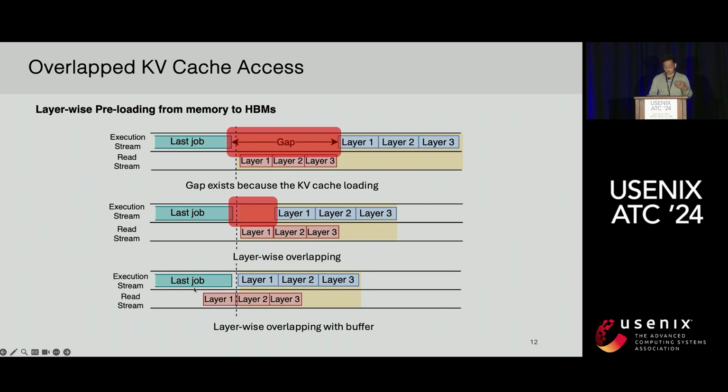For example, during the execution of the last job, we can prefetch the KV cache to the small buffer, and when the last job is finished, the next job can directly start the computation because the KV cache of layer 1 is already there. So by doing this, we can fill the gap of the KV cache loading.